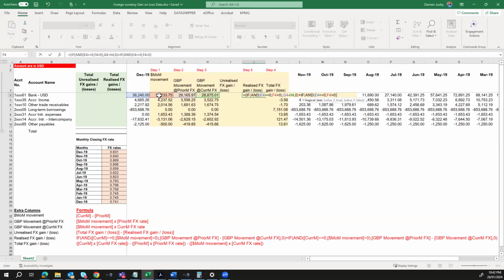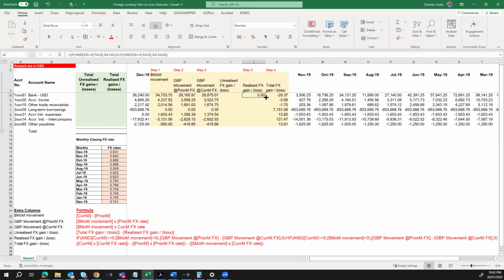Close my brackets, comma, bring the movement between step 2 minus step 3, comma, or print 0, so it doesn't double count between asset and liability. I close my brackets for the first time, and I close my bracket for the second argument. Press the enter key.